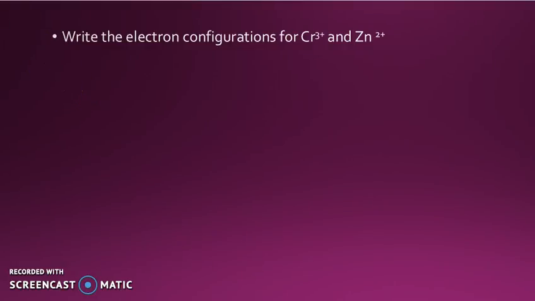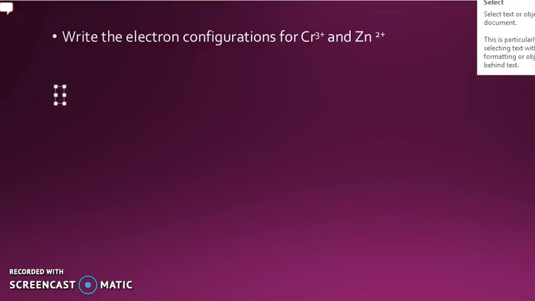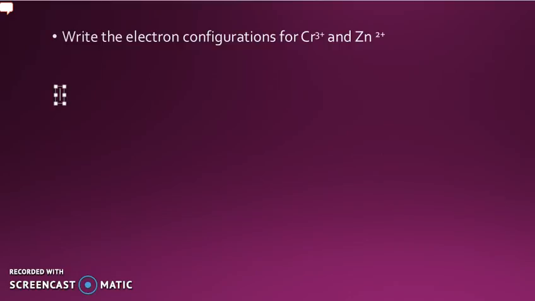So we can do the abbreviated electron configuration and say it has everything up to argon.